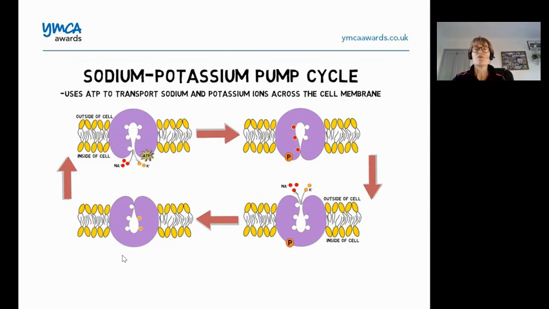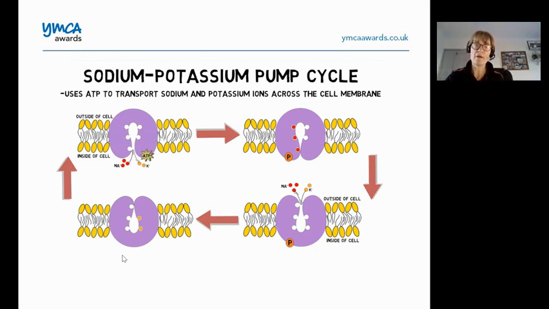Okay, so this again connects into the other topics of energy systems as well. So 3 go out with the ATP. The ATP allows the shape of that transport protein to change and to release the sodium on the outside and to allow the potassium to come back in.